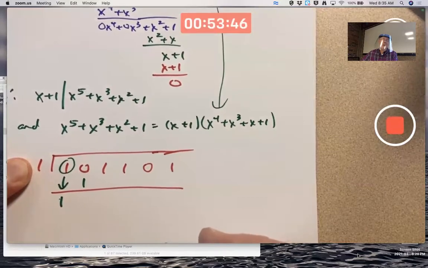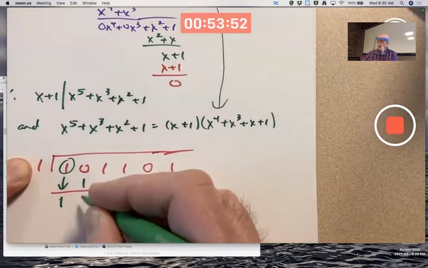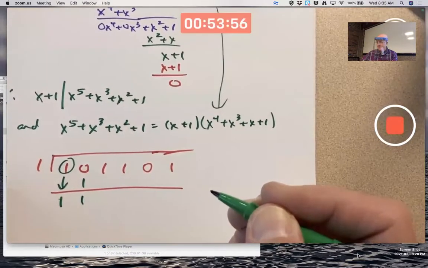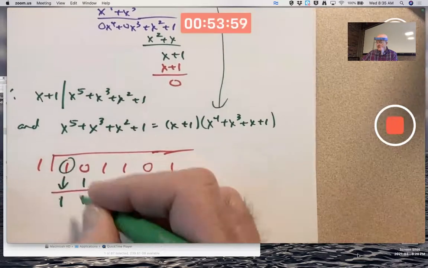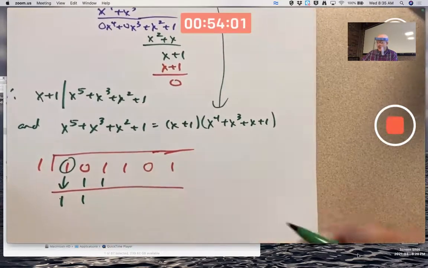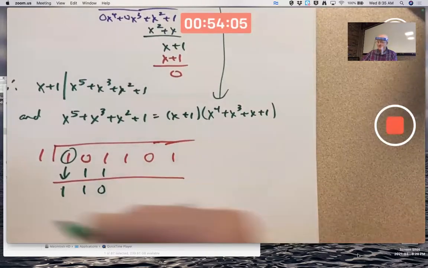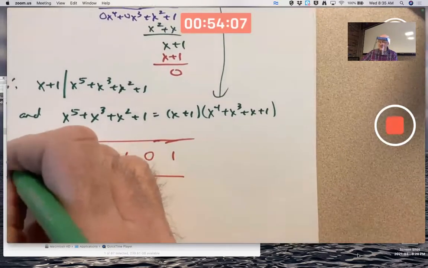Of course, mod 2, adding 1 is the same as subtracting 1, so it doesn't really matter here. 0 plus 1 is 1. Put another 1 there. 1 times 1 is 1. Put the 1 there. Add 1 plus 1 is 0 mod 2. Bring in mod 2 here.